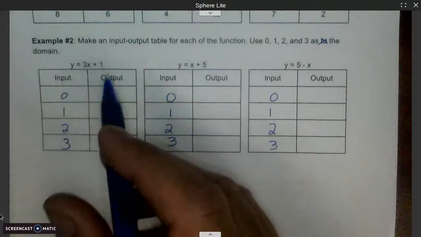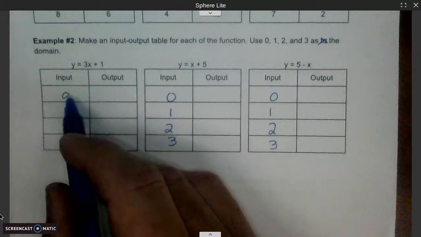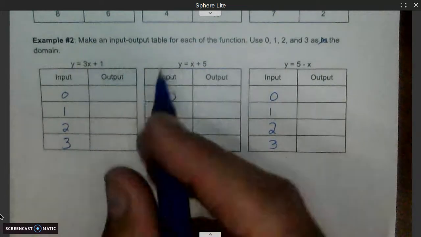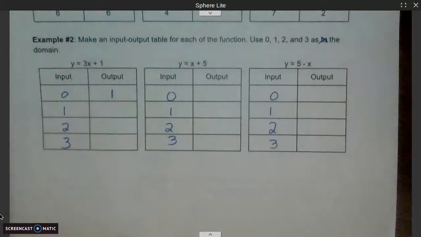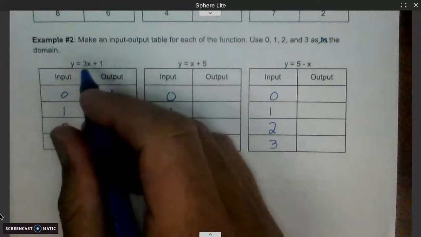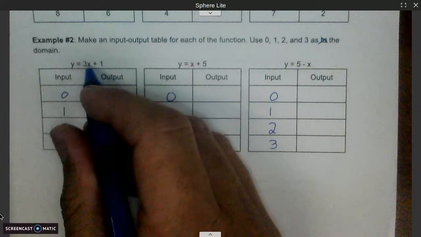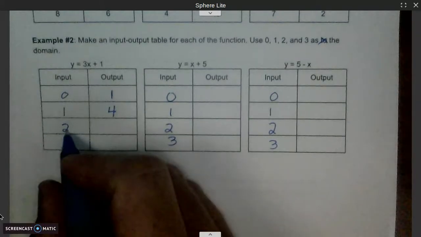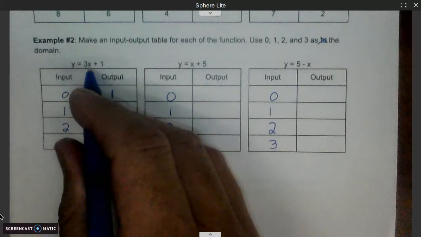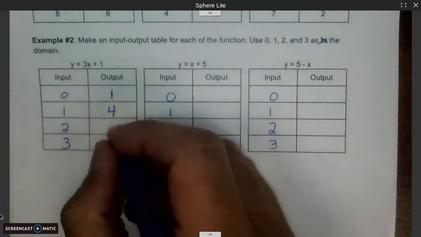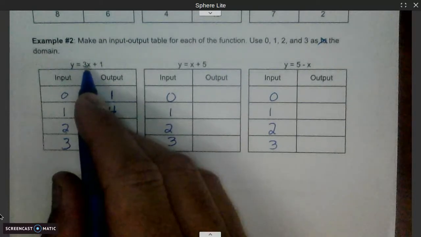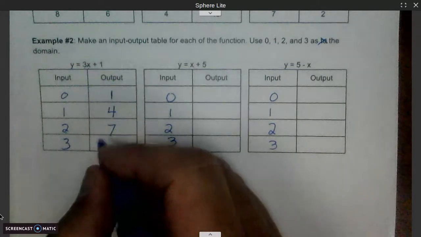So if I do this, I'm going to do my output. 3 times 0 is 0. 0 plus 1 is 1. 3 times 1 is 3. 3 plus 1 is 4. 3 times 2 is 6. 6 plus 1 is 7. 3 times 3 is 9. 9 plus 1 is 10.